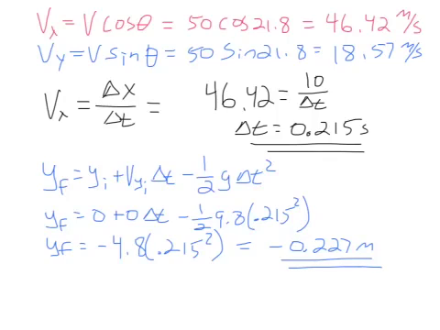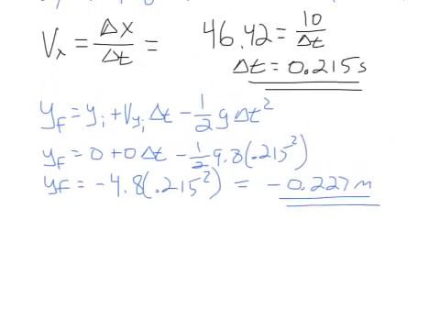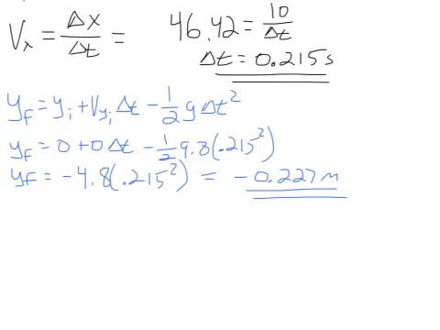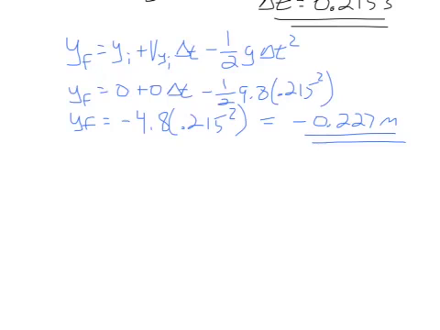So the next thing to do is figure out how high the dart goes in this same amount of time. We know that the banana is going to fall 0.227 meters. We want to find out how high the dart is going to go in that same amount of time.